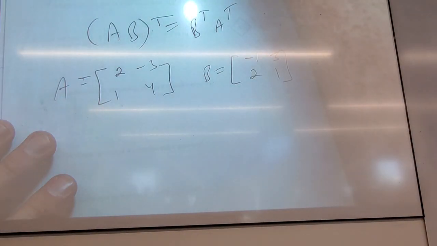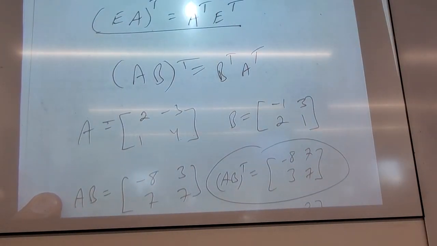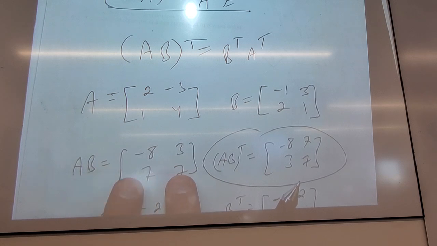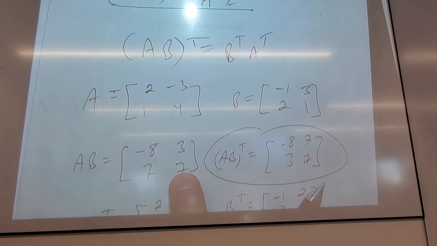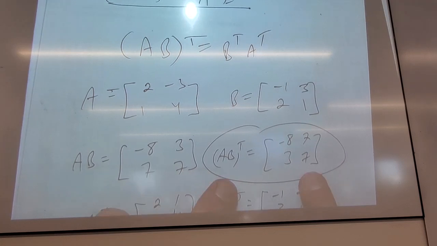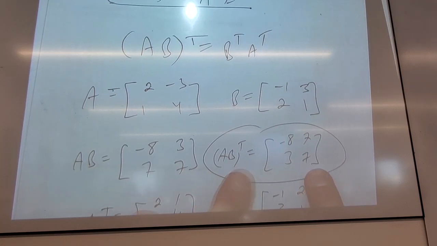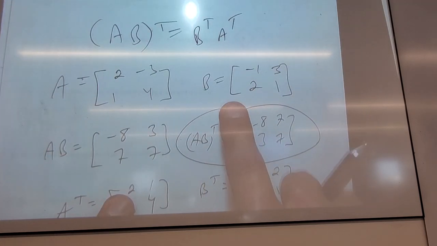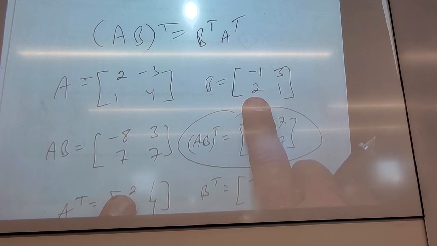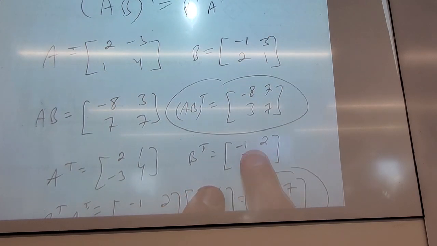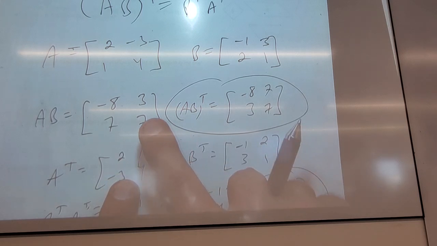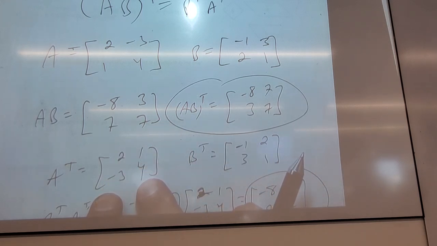So AB is this, yes? Then you transpose, you get there. Middle group, what is B transpose? Yeah, -1, 3 this way, right? And then 2, 1 this way, yes? And what's A transpose? 2, -3, 1, 4, like that, yes?